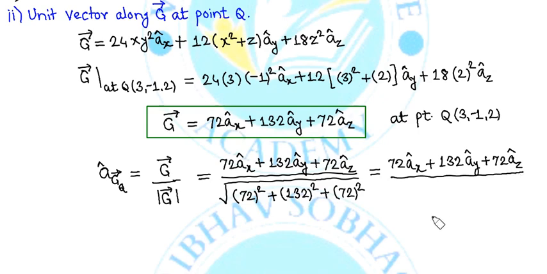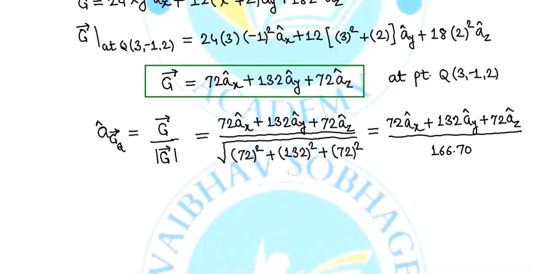If you simplify that, the value comes out to be 166.70. Now we have that division over there. So this is your unit vector along vector G at point Q.